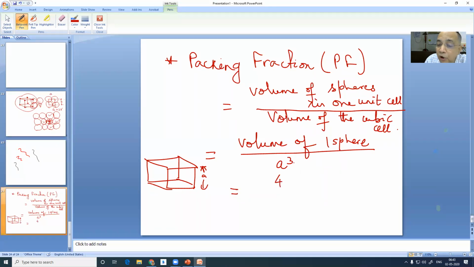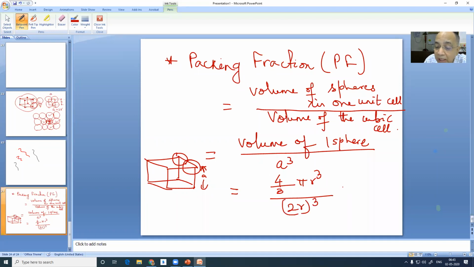Volume of one sphere is equal to 4 by 3 pi r cubed, divided by a, which is equal to 2r. You know the relationship between a and 2r.